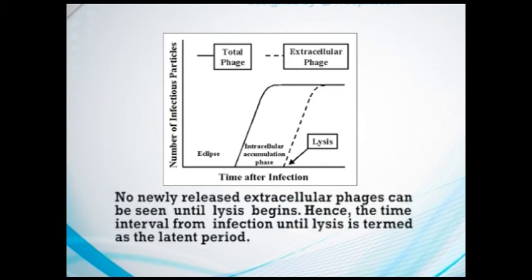No newly released extracellular phages can be seen until the lysis begins. Hence, the time interval from the infection until lysis is termed the latent period. At the end of the multiplication cycle, the phage number continues to increase until it reaches a constant titer, and this time interval is termed the rise period.